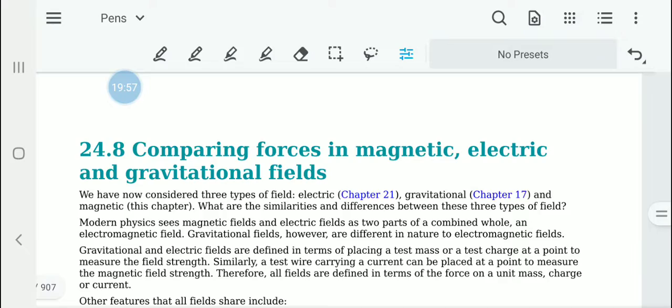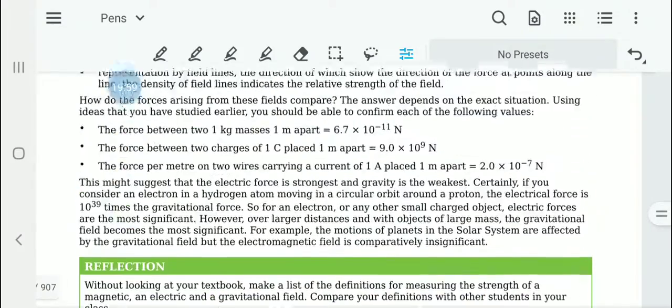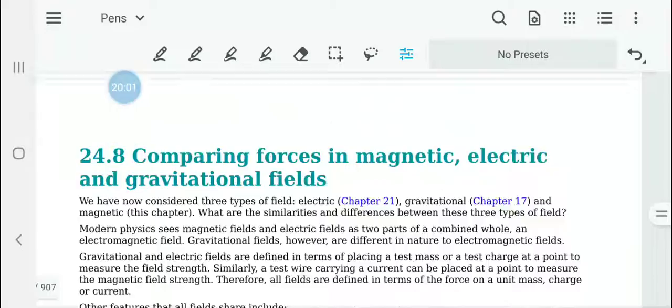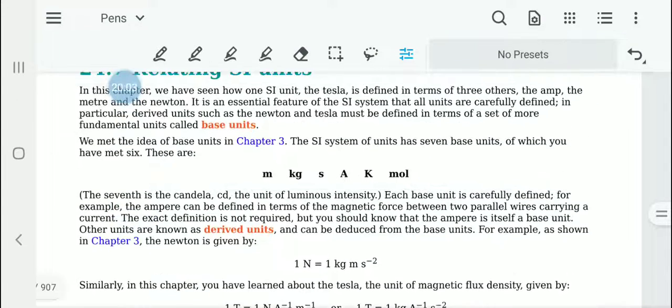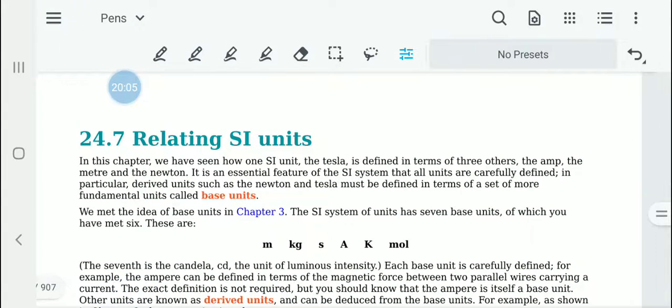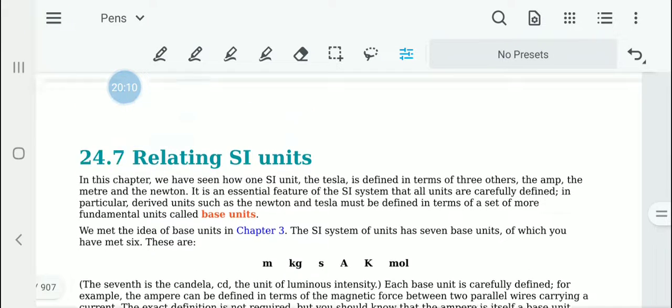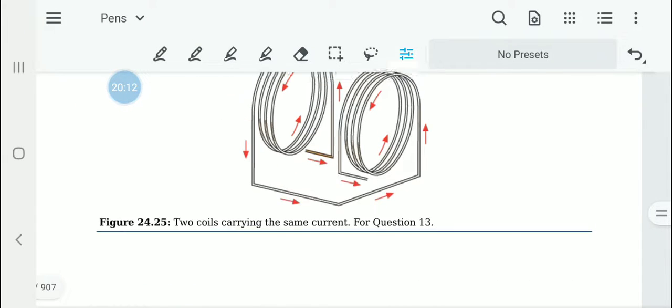Then let's write down a note on that before we go to the final topic relating SI units.